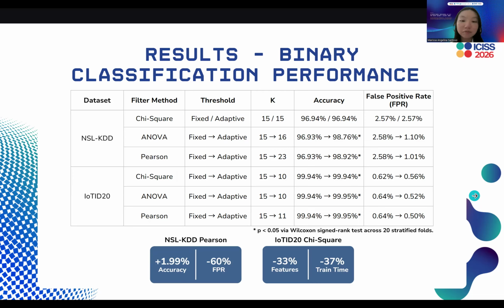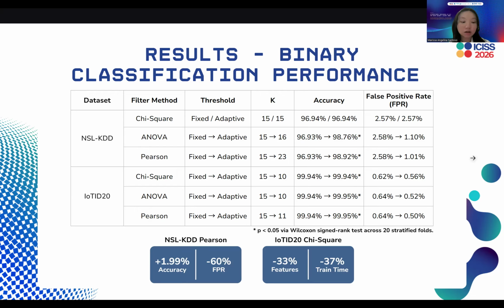For Pearson, K dropped from 15 to 11, and accuracy actually improved slightly from 99.94 to 99.95, with the false positive rate falling from 0.64 to 0.50. So the pattern is consistent: where the data needs more features, it gives you more, and accuracy goes up. When it needs fewer, it trims, and you get a lighter, faster model.